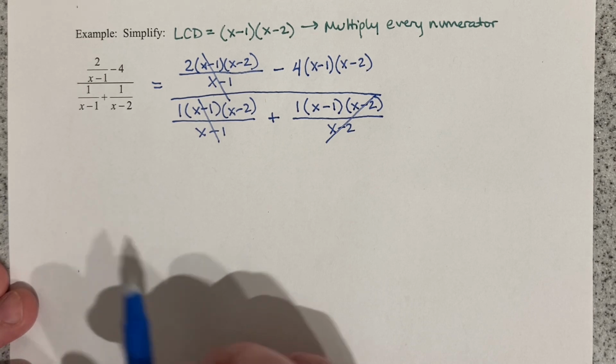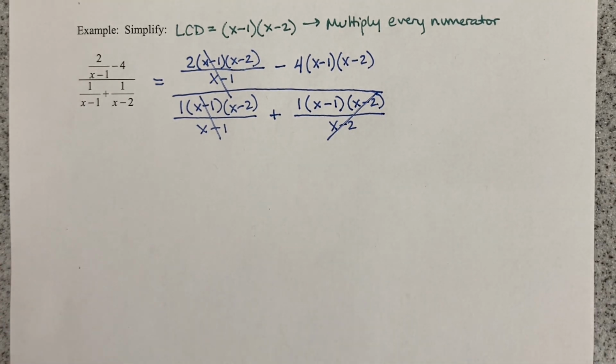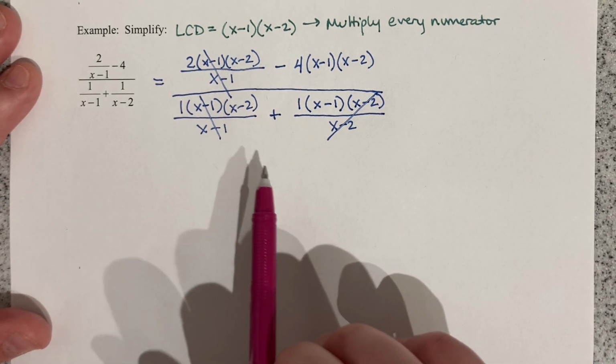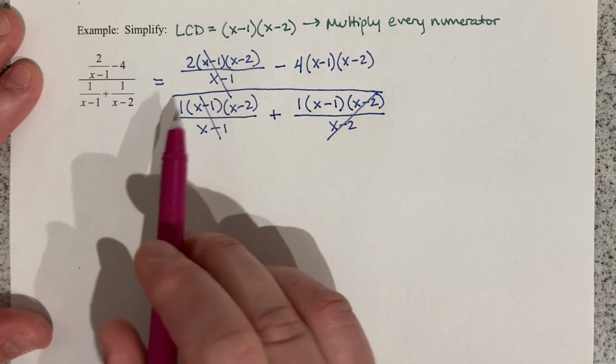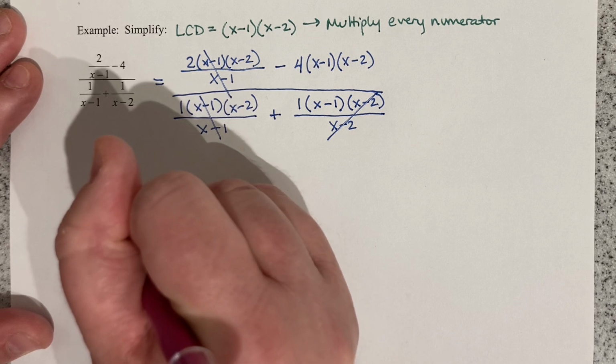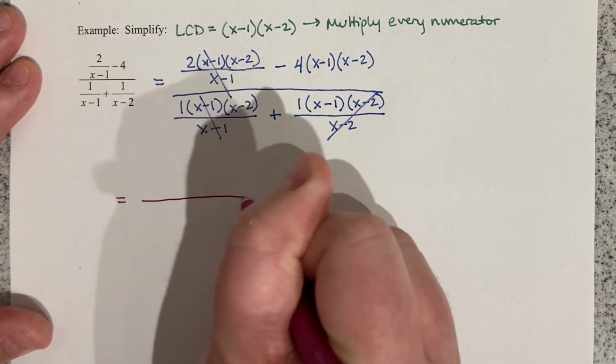All right, so now we're going to have to do a lot of multiplying, right? Let me go with the bottom first so we can sort of see what that's going to look like, the denominators.